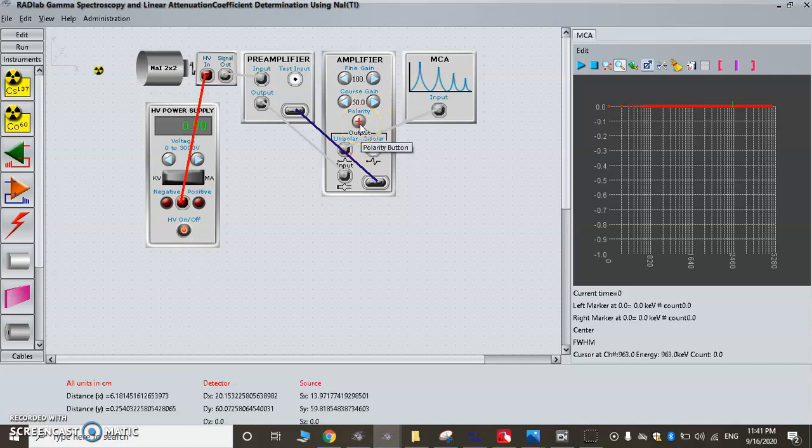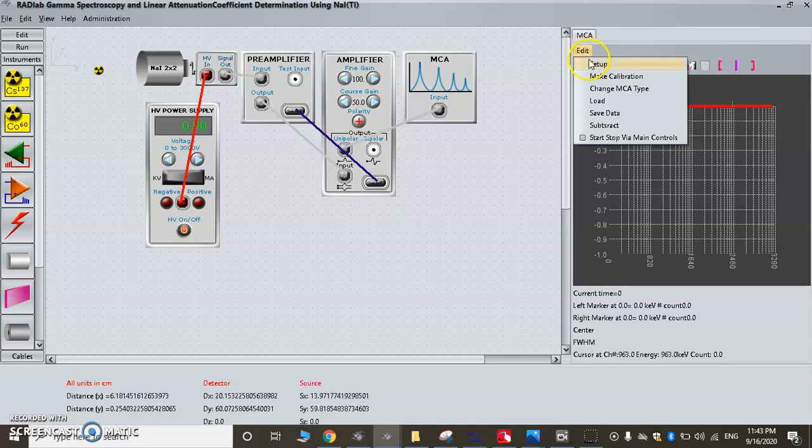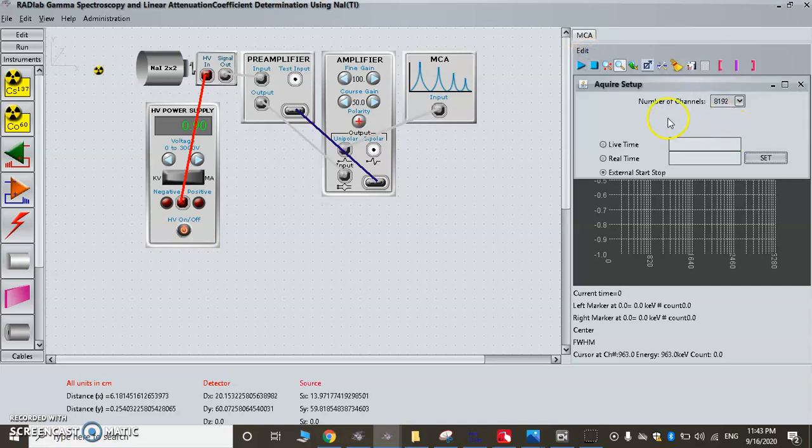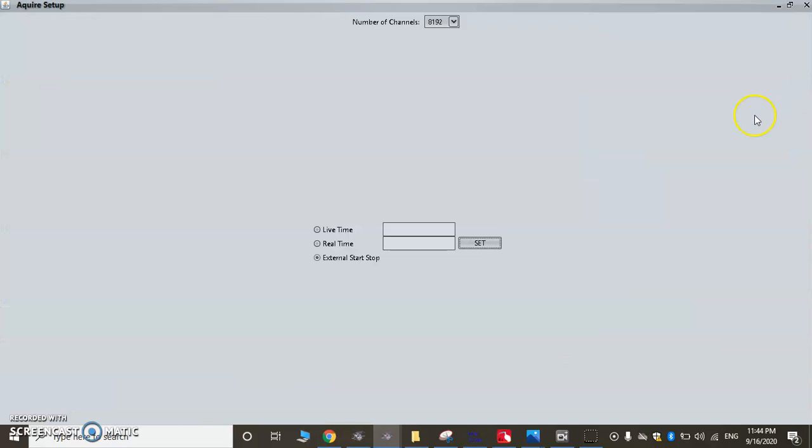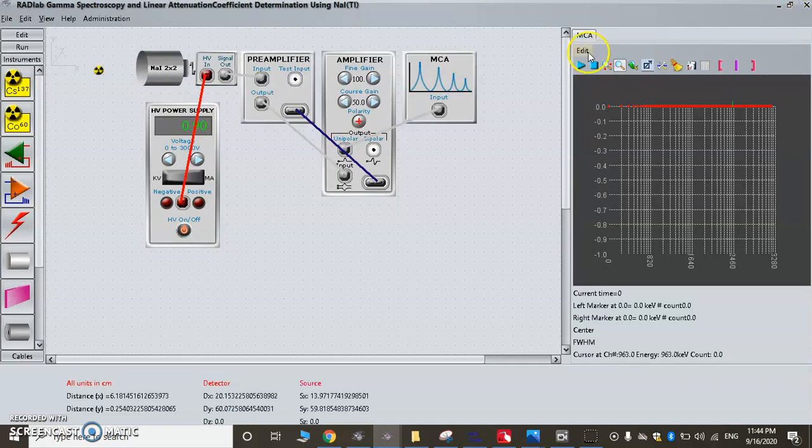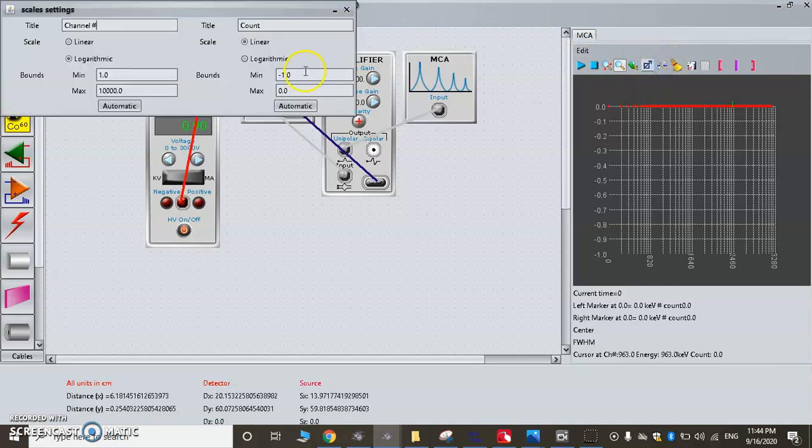Now first we have to set the MCA, so we go to edit mode, then setup, then the number of channels would be 8192, then set, then close, then scale settings.